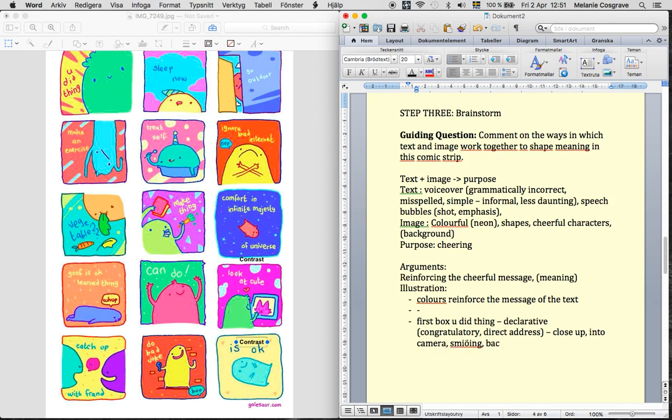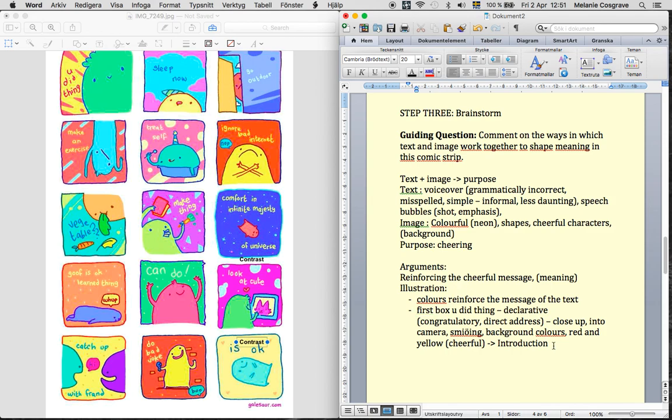And we have the background colors, which are red and yellow, and they are very cheerful colors. So that is an example of how this text and image work together in the introduction of the text. So it introduces the topic and reinforces the meaning of the topic. It reinforces the message.